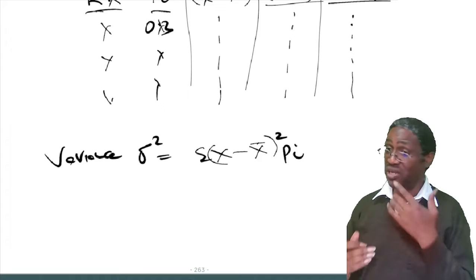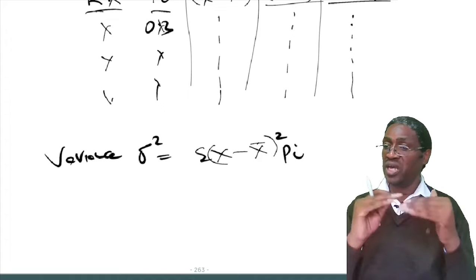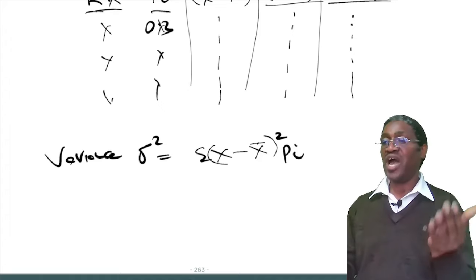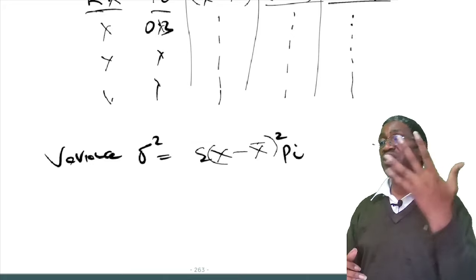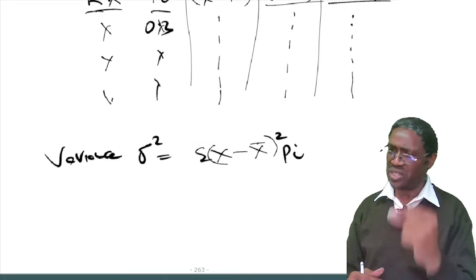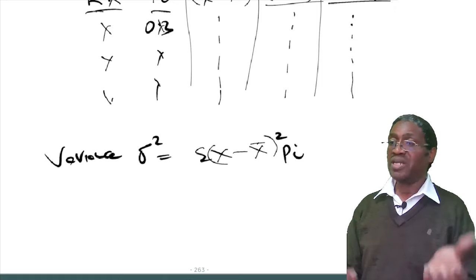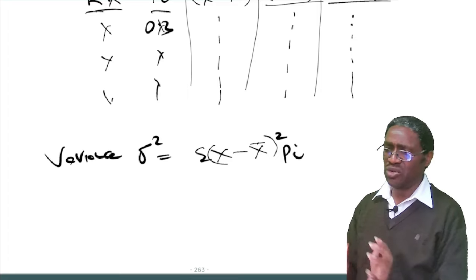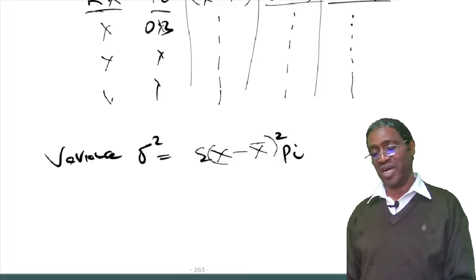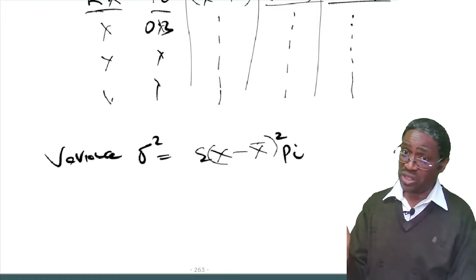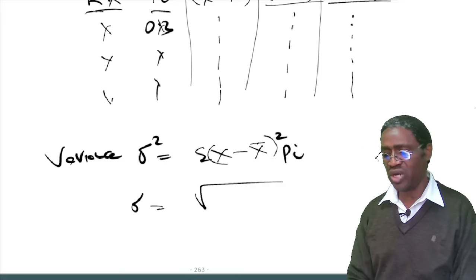Where there were no probabilities, I was getting the summation of x minus x bar squared and dividing by n. But now we are bringing in the element of probability, where the frequency was being divided by n. Then to get the standard deviation theta, just take the square root of that.